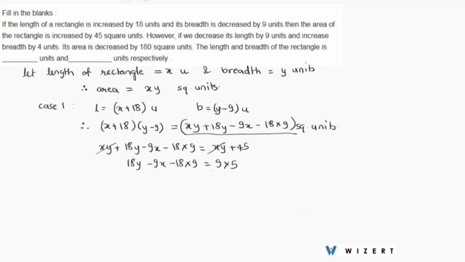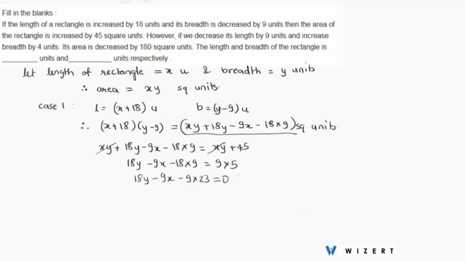So we'll take this 9 multiplied by 5 over to the left hand side, so that will subtract. So we have 18y minus 9x minus 9 multiplied by 23 equal to 0.